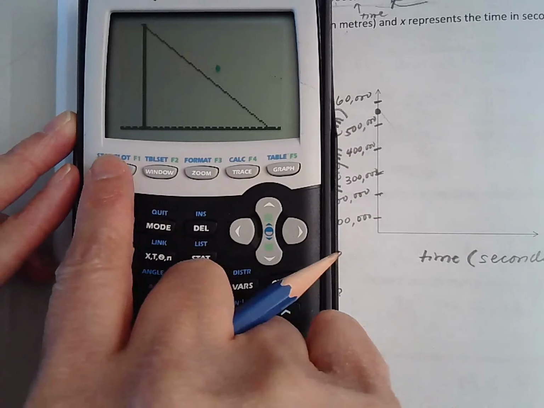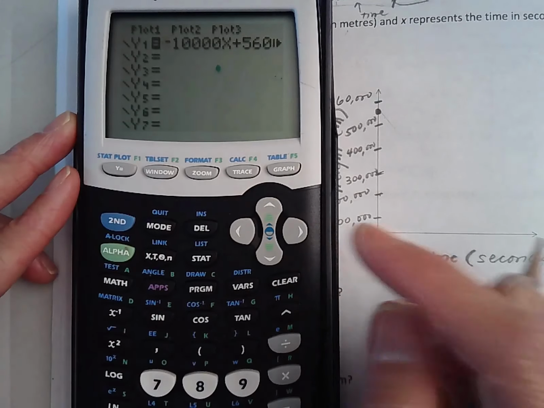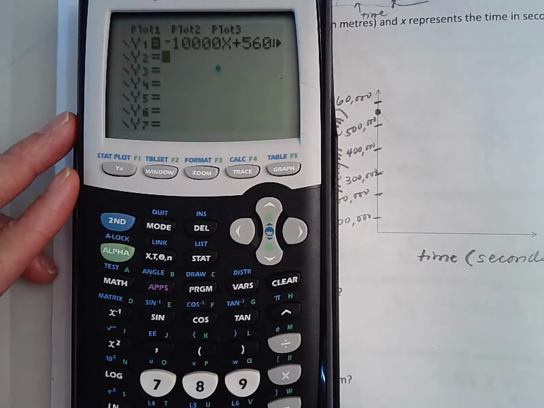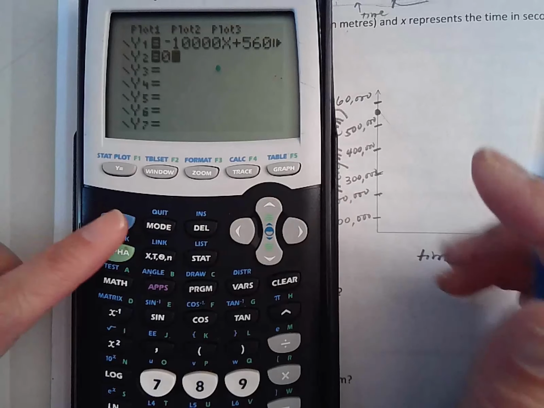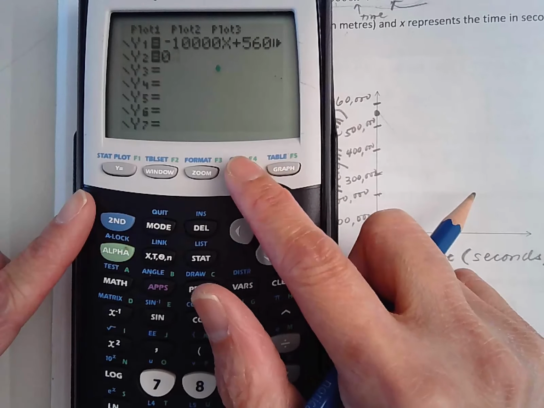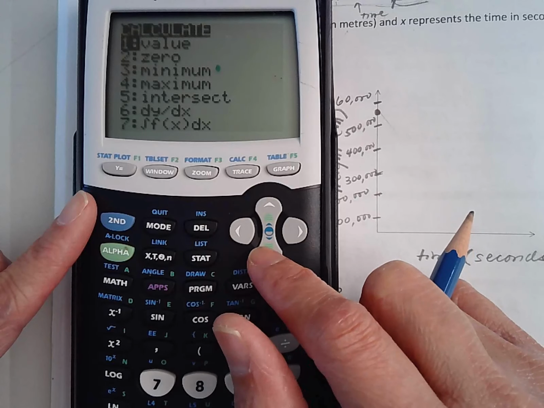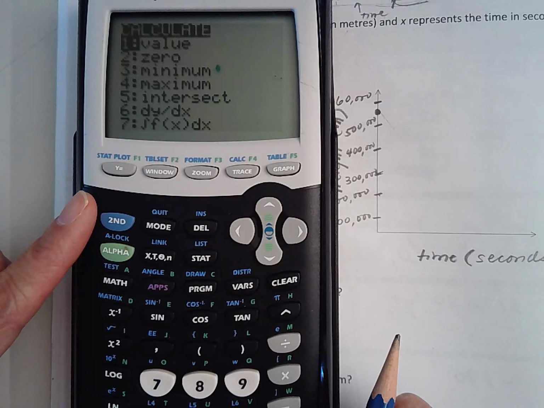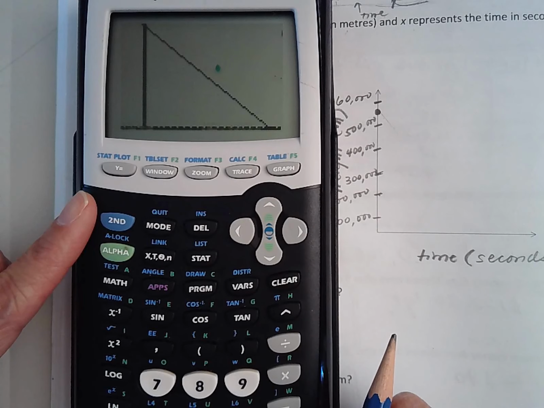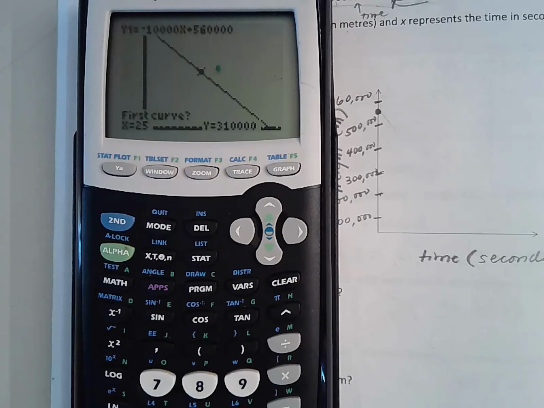So what we need to do is put y2 equals 0. Then we go second, trace, and then we choose intersect, which is 5. It's going to ask us which curves you want to intersect.